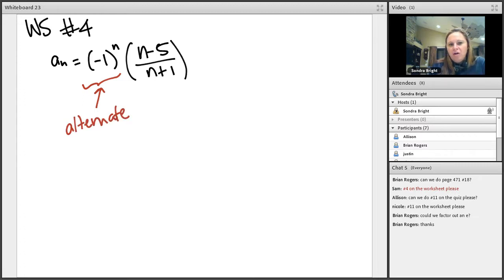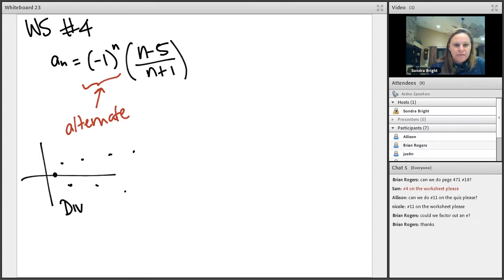But not all oscillating sequences diverge. Sometimes they do and sometimes they don't. You might see one where you go up here and then down here and then up there, and this one is getting bigger and bigger, and one like this would absolutely diverge.